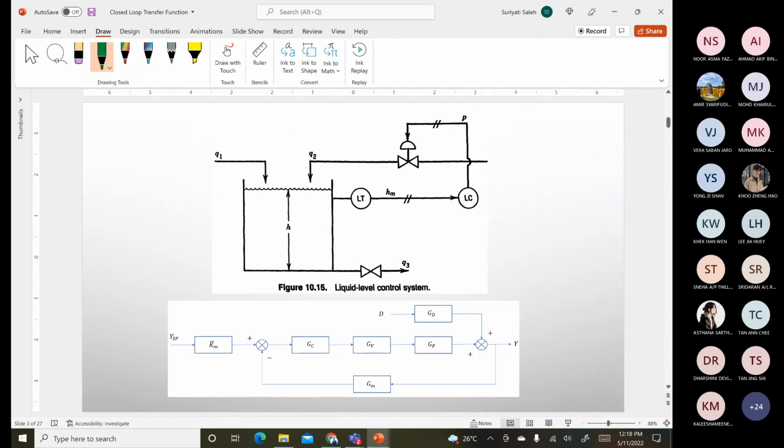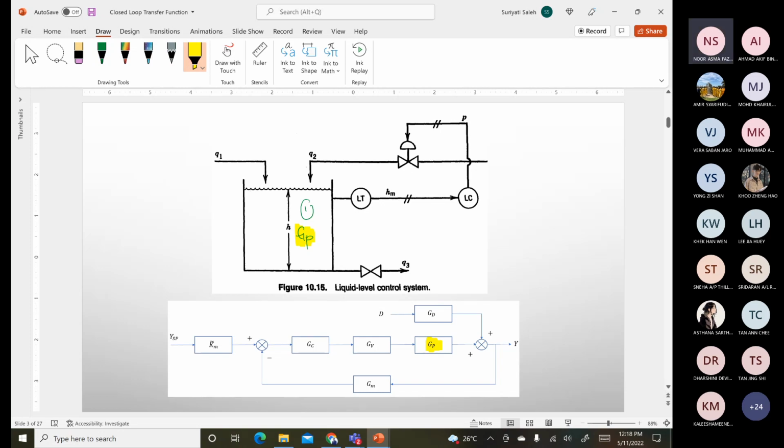So how does it look based on the block diagram? Since we start at the H, this is considered our GP, our process transfer function.